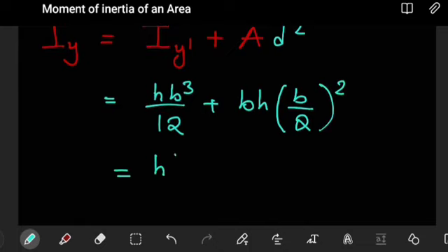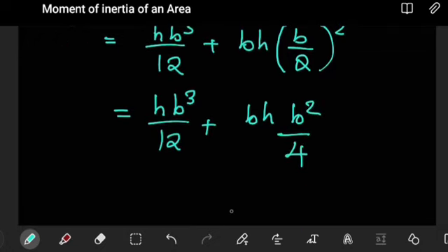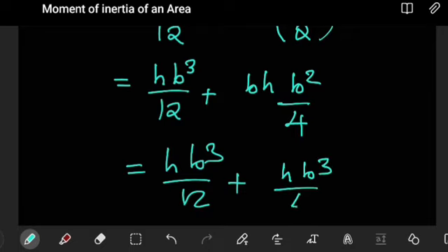So this becomes hb cubed over 12 plus bh times b squared over 4, which reduces to hb cubed over 12 plus hb cubed over 4.